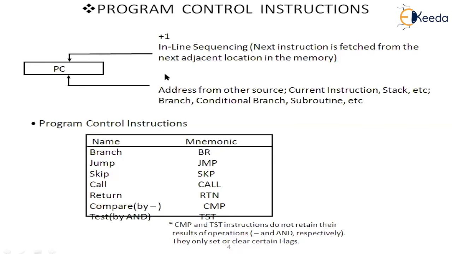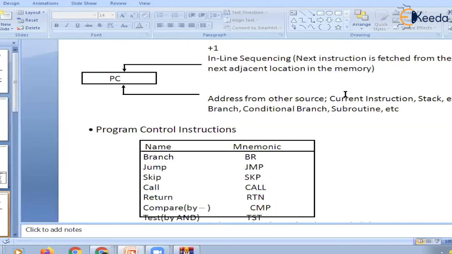But when the current instruction is a branch instruction, what will I do? I will go to the address to which the branch is pointing. We may take the address from a different source, rather, from the address part of the current instruction. Let me show you once again.